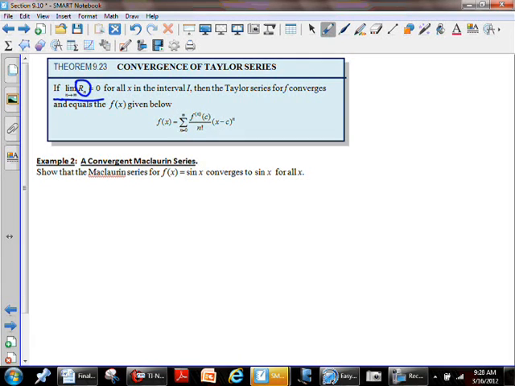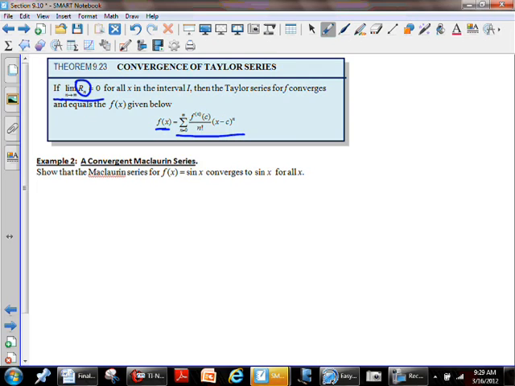It says there's no error. So that function would be pretty darn reliable, so reliable that f of x will have exact equivalence to the power series, in this case a Taylor series, or a Maclaurin series if you are centered at 0. Let's see if we can put all this together.